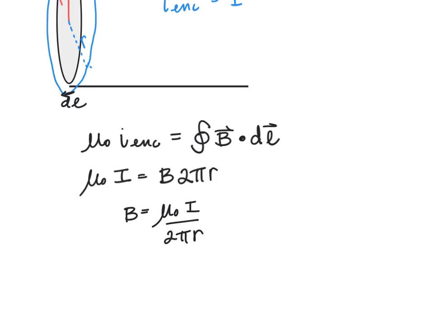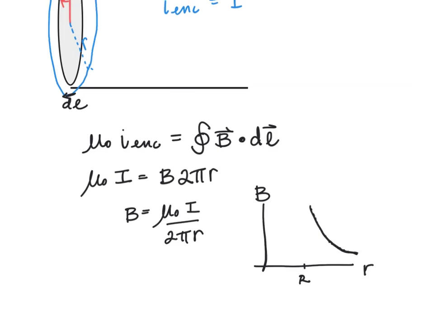And that function will look like magnetic field versus r. And then when we're outside of capital R, we're going to see this 1 over r relationship, an inverse 1 over r relationship there.